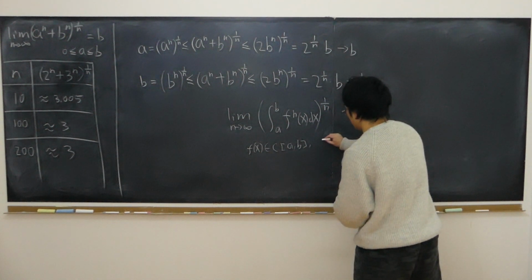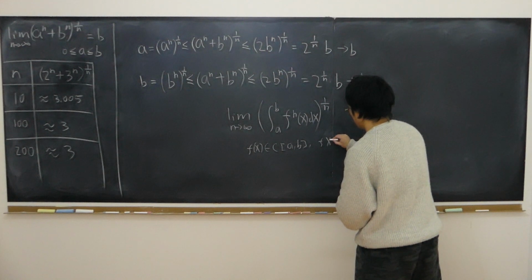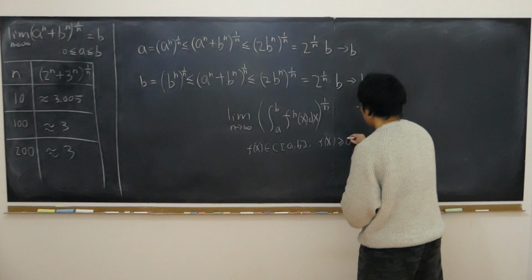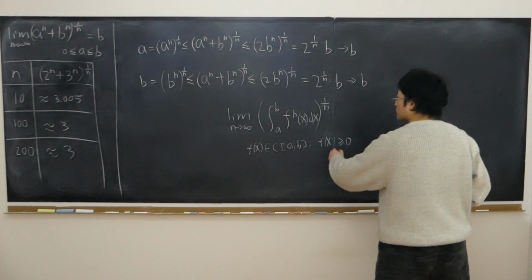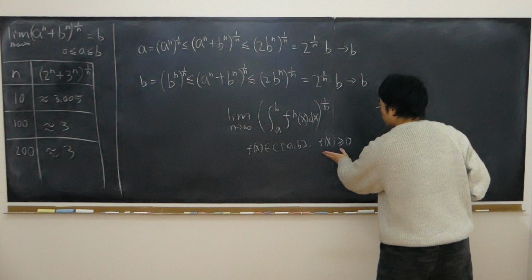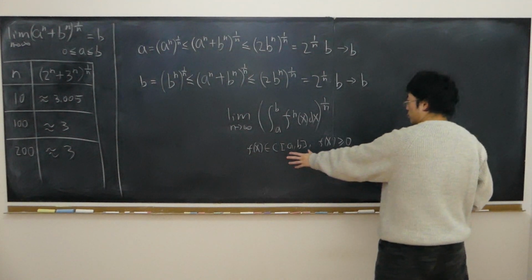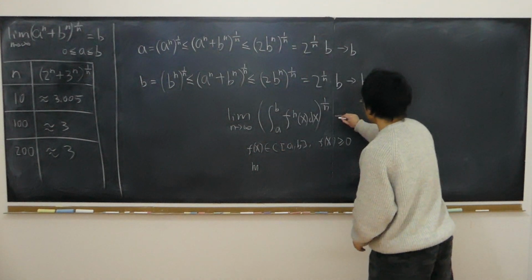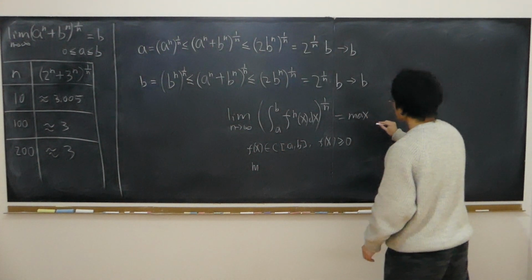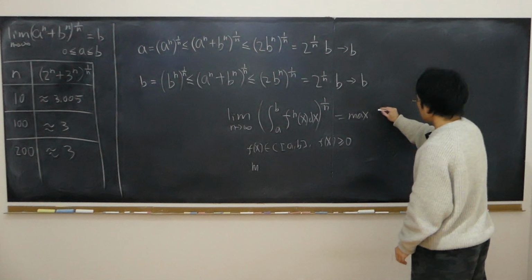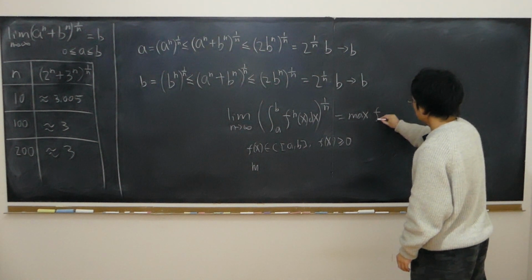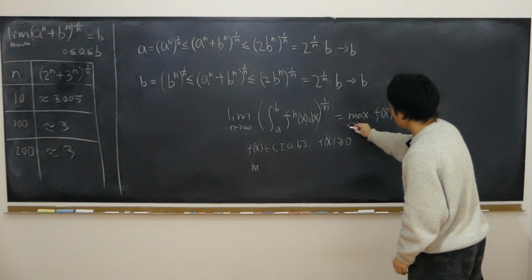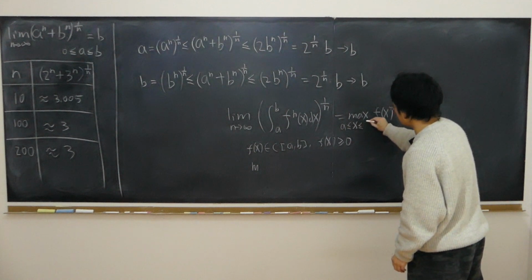Also, f is non-negative. If I remember correctly, non-negative. Then therefore we concluded that this limit is equal to the maximum of f of x, where x is over this interval ab.